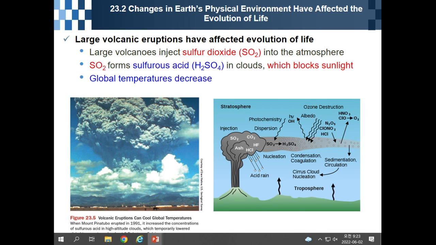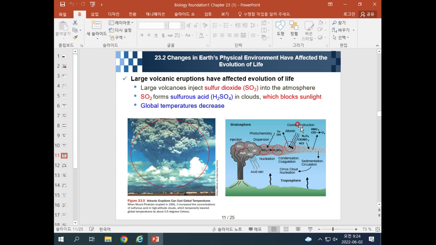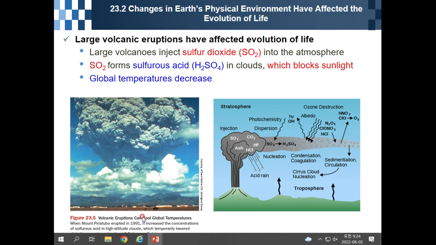And previously I mentioned that volcanoes usually have a massive effect on the evolution of life. For example, Hawaii or Japan still have active volcanoes. Large volcanoes inject sulfur dioxide into the atmosphere.